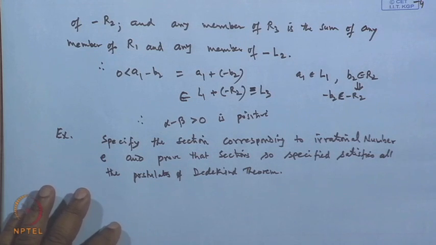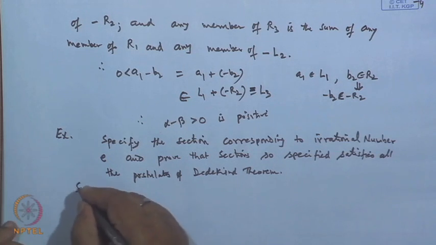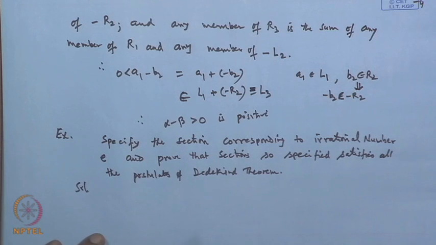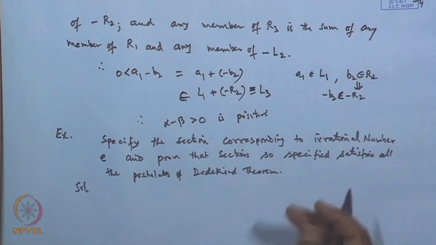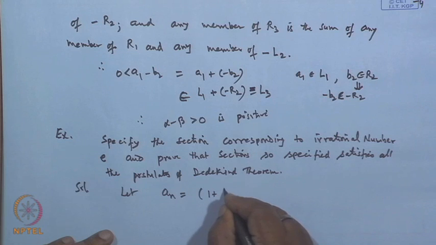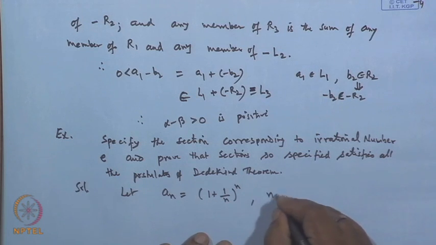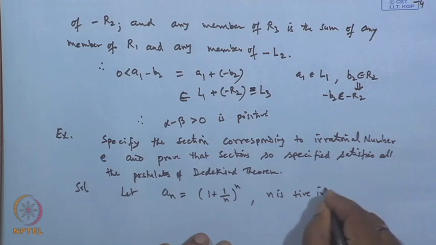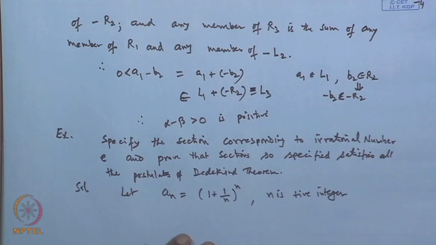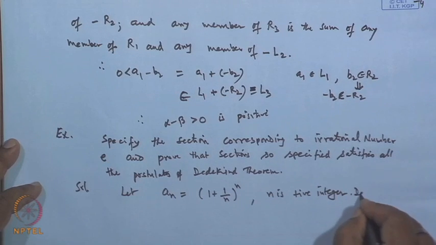What is e? If you remember, e is the limiting value of (1 plus 1 by n) to the power n. This is the e, is it not? But here we cannot take the limit because we want it in terms of the sections. So, let us say a_n is (1 plus 1 by n) to the power n, where n is a positive integer. Okay. Now, let us define the classes as follows.